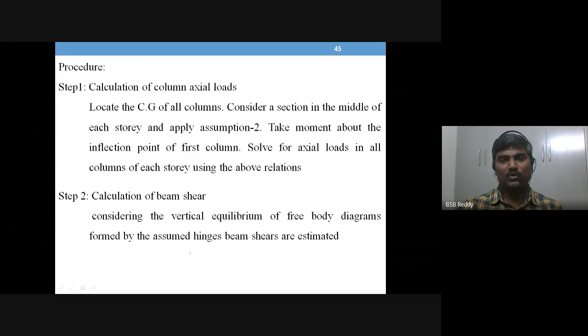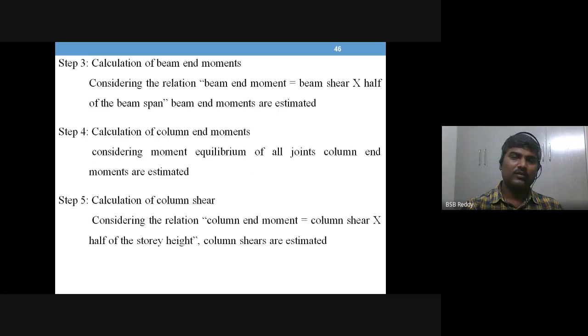Once you know the column axial load, we will calculate the connecting quantity, beam shear. Once you know beam shear, we calculate beam end moments. Once you know end moments, we will calculate column end moments. After column end moments, we come to column shear, and that will be the last step of calculation.